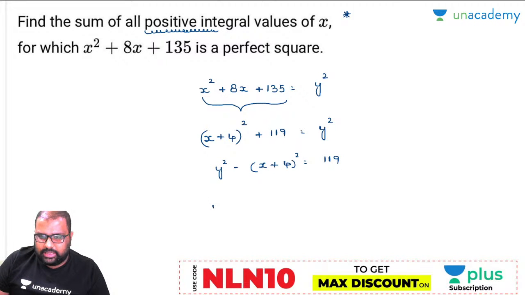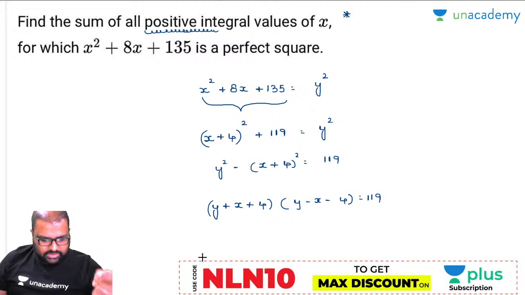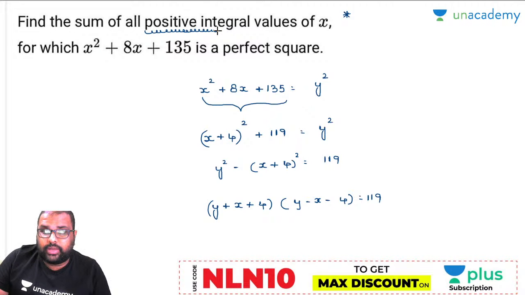Don't worry about that. And the factors will be y plus x plus 4, a plus b, into a minus b, y minus x minus 4, equal to 119. Now look, one divisor is y plus x plus 4, one divisor is y minus x minus 4, and again this has to be positive values only.